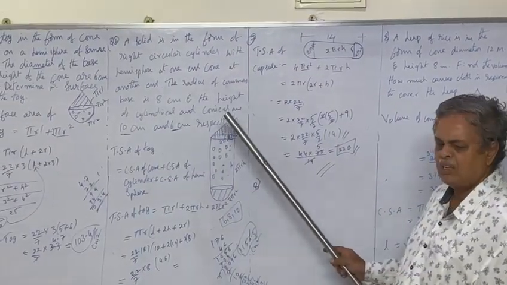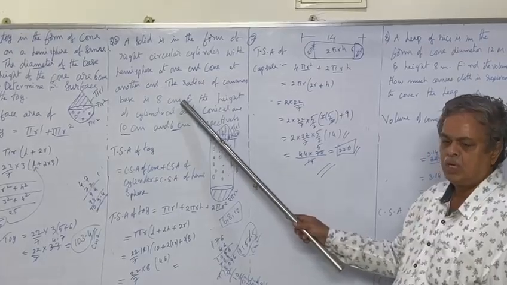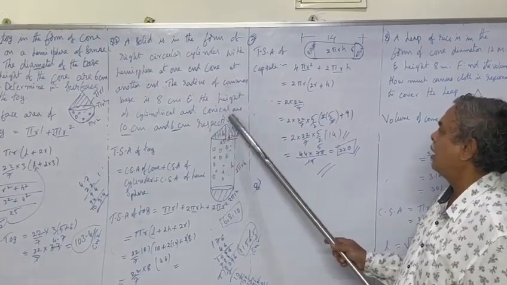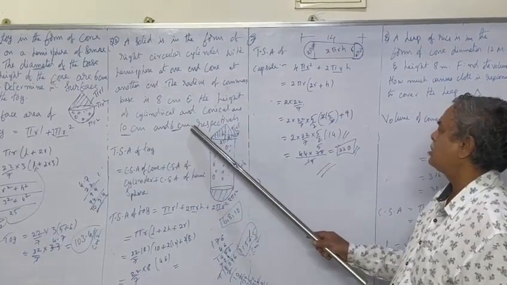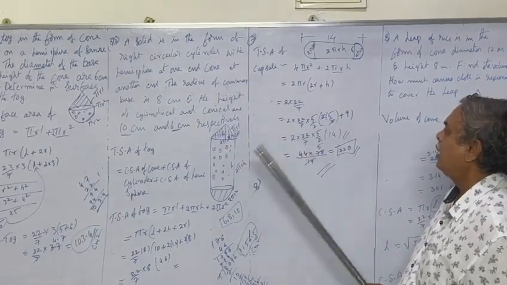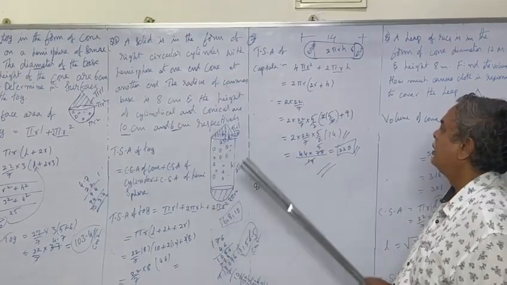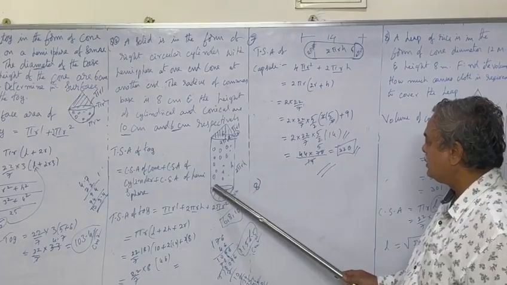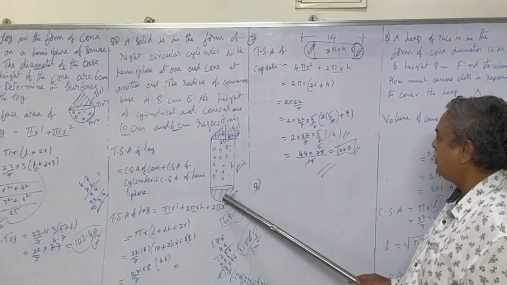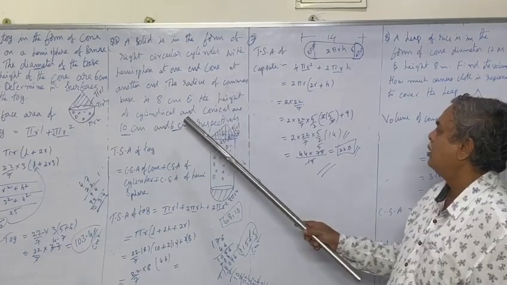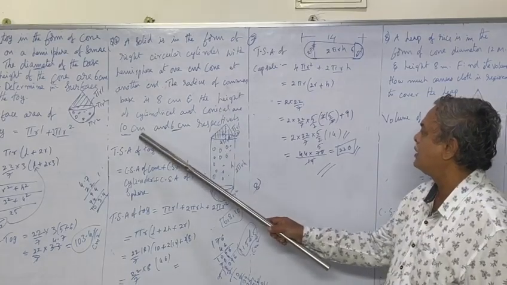The common base radius and the heights of the cylindrical and conical parts are 10 centimeter and 6 centimeter respectively. The common base radius is 8 centimeter. This is the base for the hemisphere and this is the base for the cone. Here the cylinder is 10 centimeter.